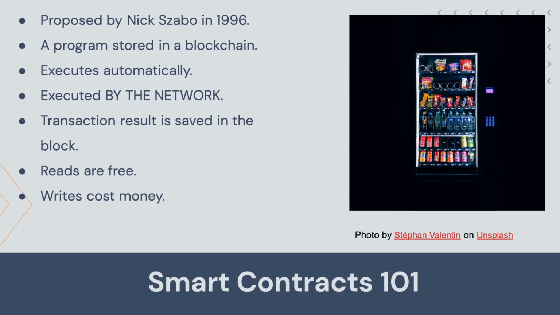I want you people to think of smart contracts as vending machines. You insert money and it gives you a chocolate bar. In this particular vending machine, you can see what kind of food there is. You can see it has chocolate bars, sodas, water.